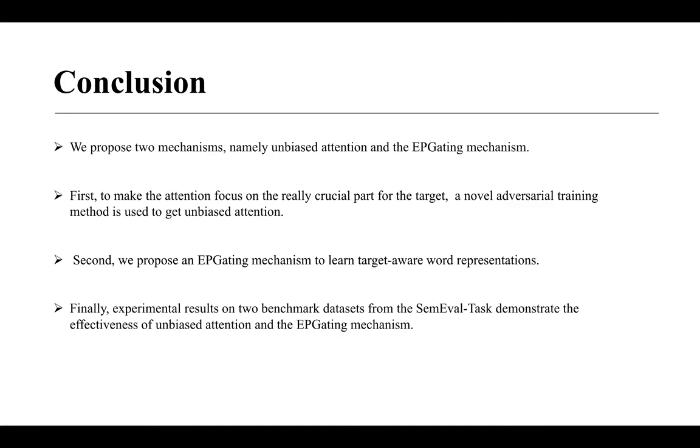Second, we propose a gating mechanism to learn target-related word representations. Finally, experimental results on two benchmark datasets from the SemEval tasks demonstrate the effectiveness of unbiased attention and the gating mechanism.